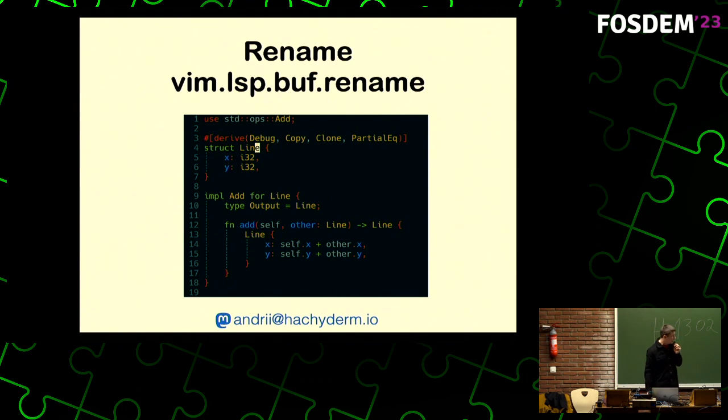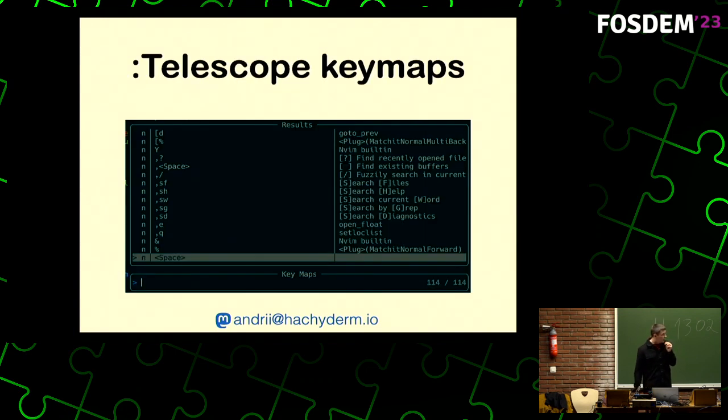And that's it. I was supposed to make GIFs, but since we decided to shorten the talk, I just have pictures. If you, like me, forget your key maps because you have tons of them, you can use this nice plugin, Telescope keymaps, and just remind yourself. It fuzzy finds them. Very handy.